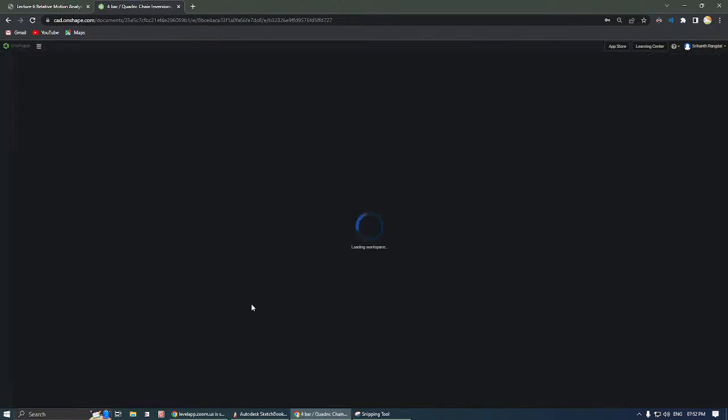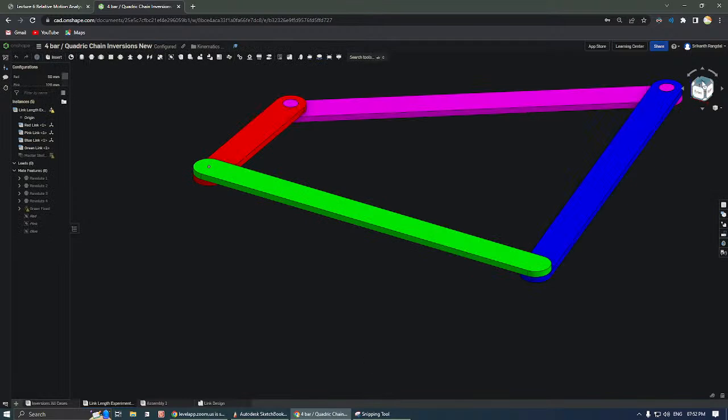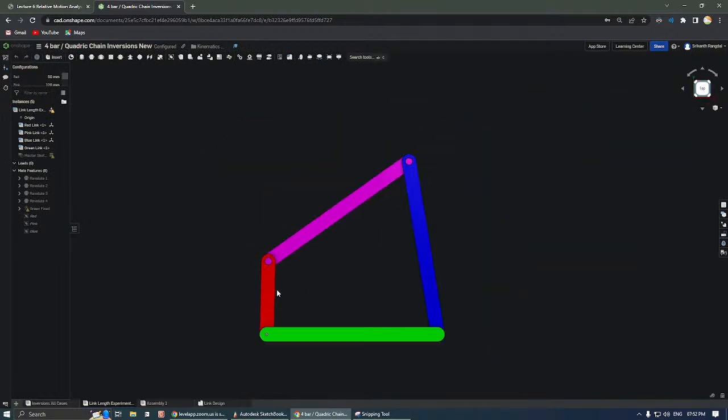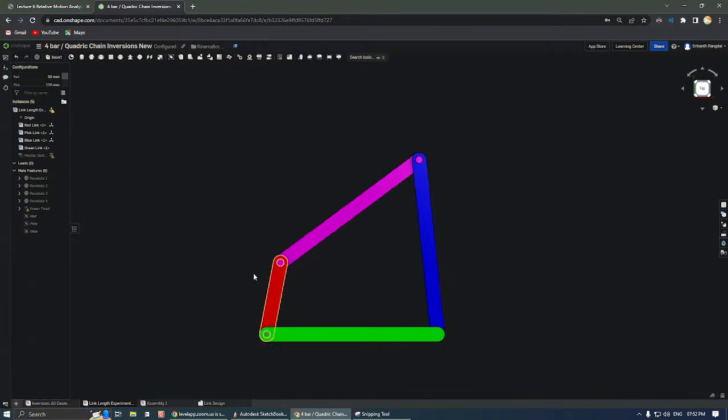4-bar mechanism, let's say. Okay, now the green link is fixed, right? The red link is undergoing pure rotation, isn't it? What about the blue link?